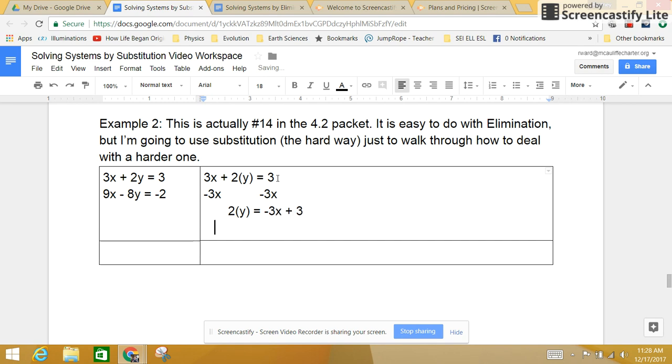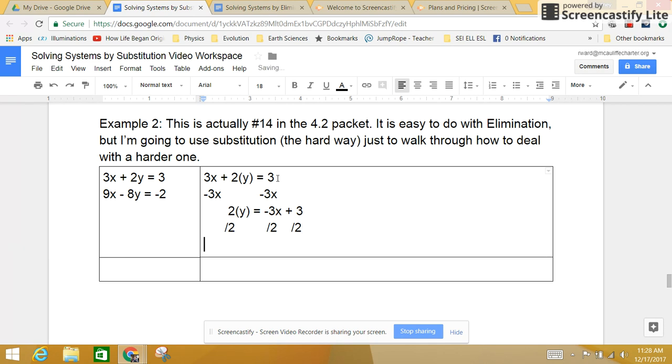Now I'm going to divide both sides by 2, and I have to divide every single part of this by 2. I could express that by dividing them both by 2 all at once, but I'm going to do it this way so it's really clear. So I'm left with y on this side, and over here I've got -3/2 x plus 3/2.